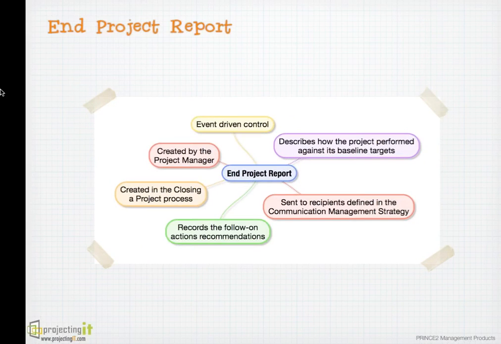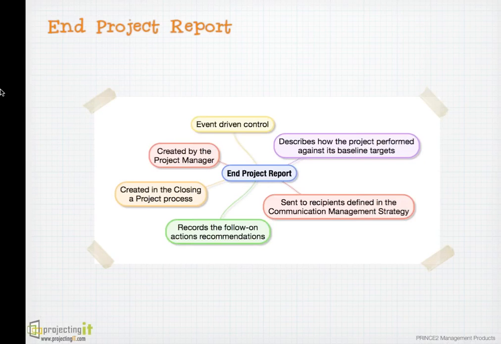That's where you prepare the end project report. End project report is prepared by the project manager at the time of project closure using the closing a project process. It describes how the project performed against its baseline targets as described in the PID. It is sent to whoever is listed as a recipient in the communication management strategy.